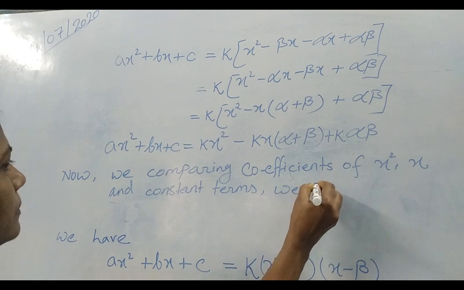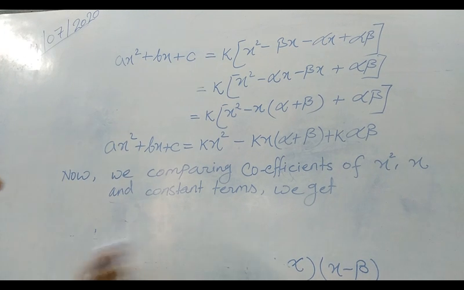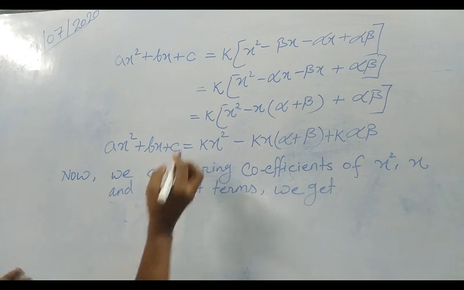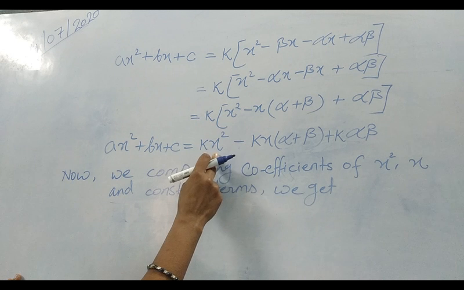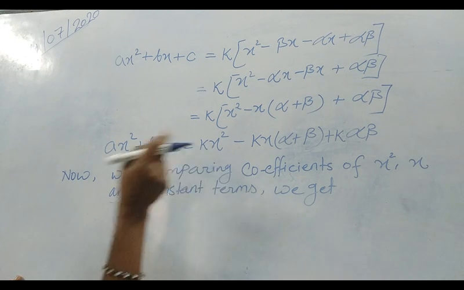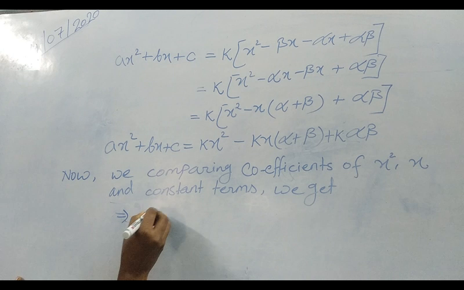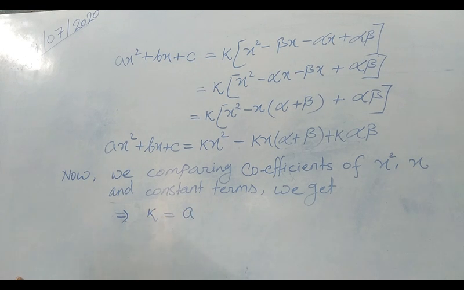We get, so what we get here, so when we comparing the coefficient of x square, just look here, coefficient of x square is k and here coefficient of x square is a. This implies k is equal to a.